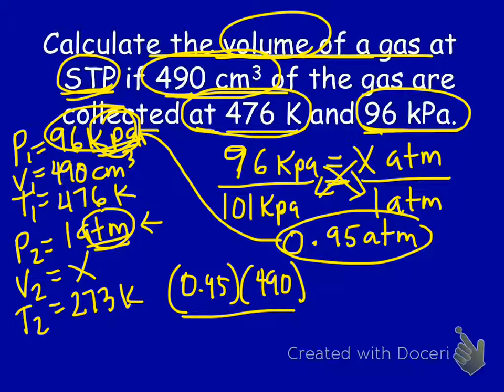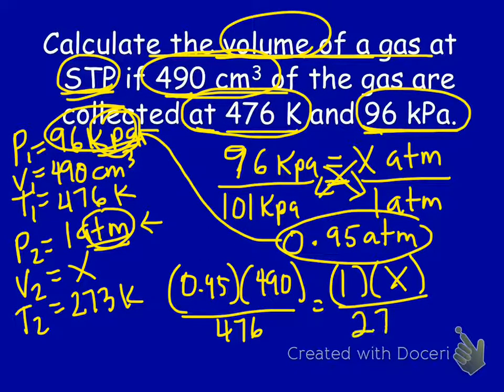Over T1, which is 476, equals P2, 1, V2 is x, over T2, which is 273. Cross multiply, solve for x, and what you should get is 267.12, and x was volume, so our volume is in centimeters cubed.